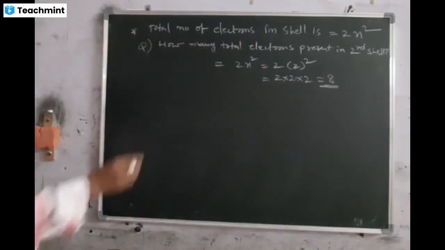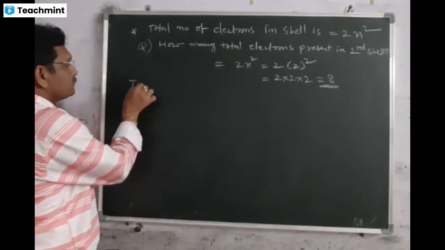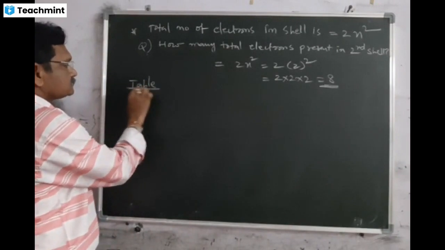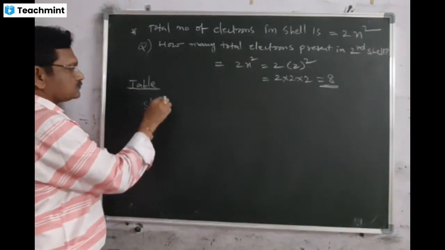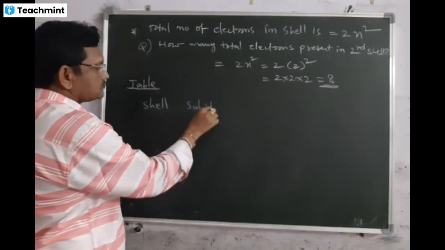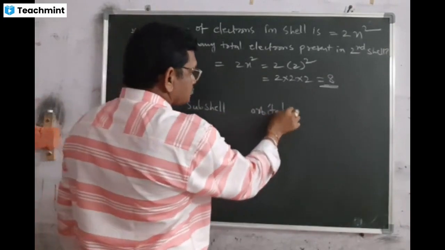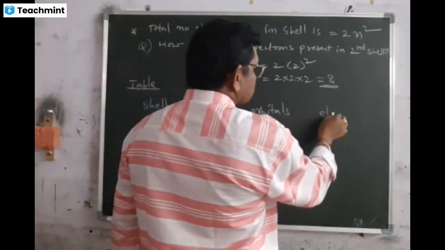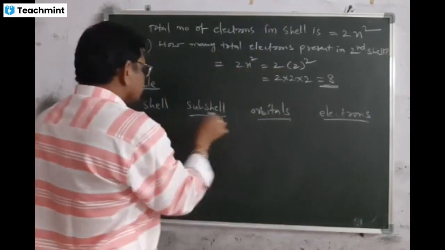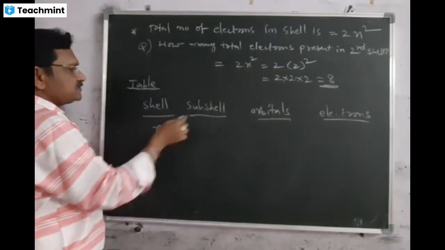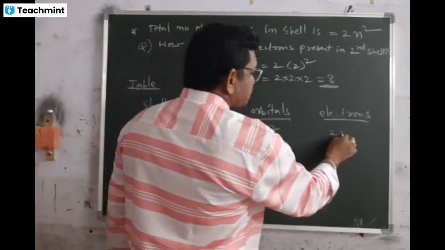Okay, I write here one table for your clear understanding. You note down this table. For an n shell, subshells are n, orbitals are n square, electrons are 2n square.